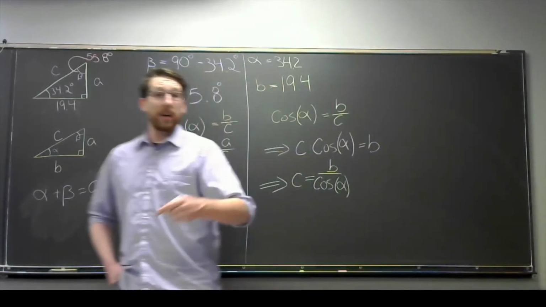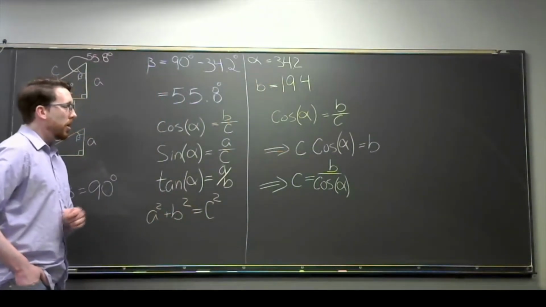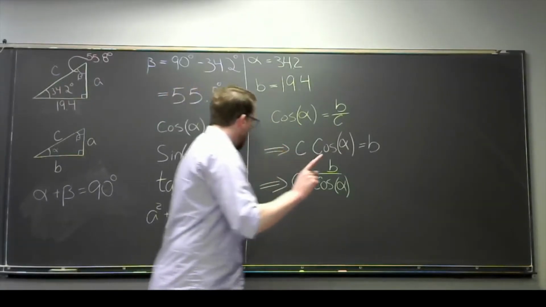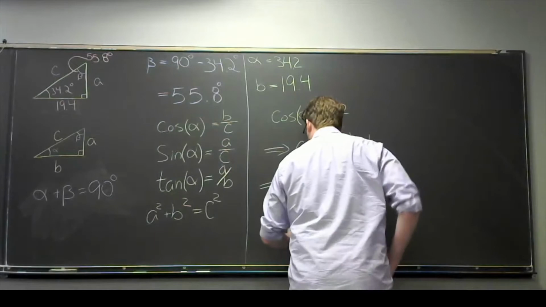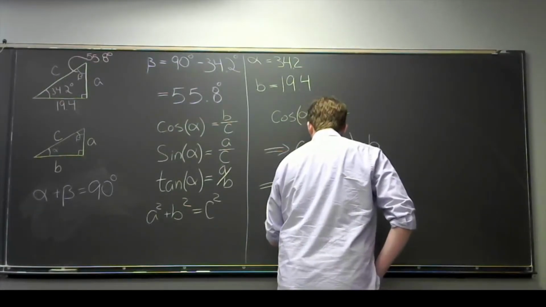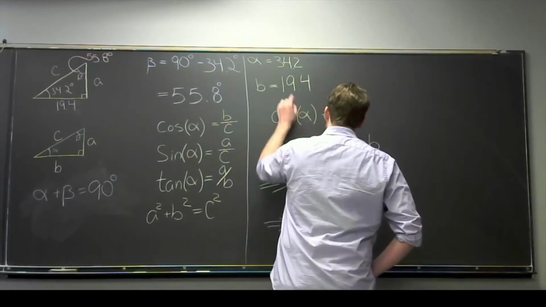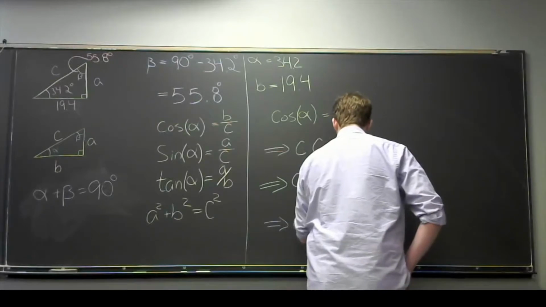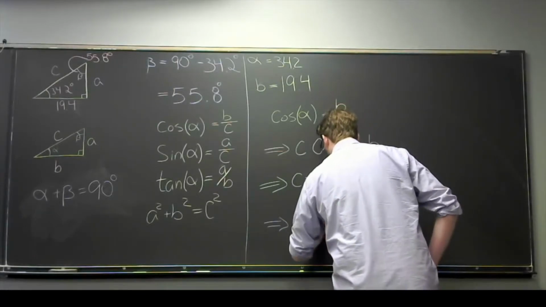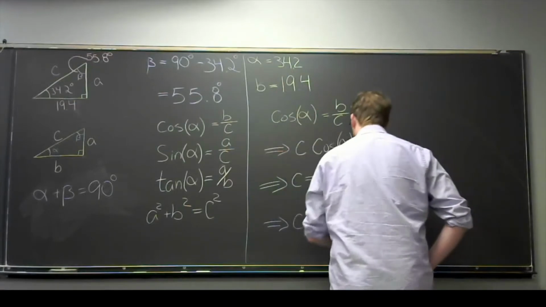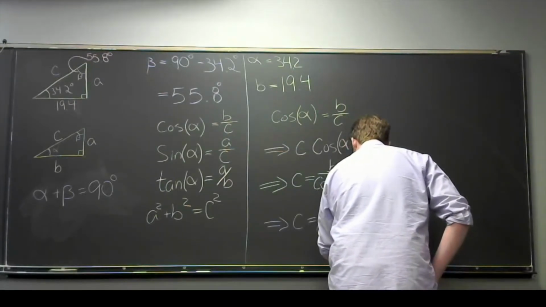And I can start plugging in values now. So C is equal to 19.4 over cosine of 34.2 degrees.